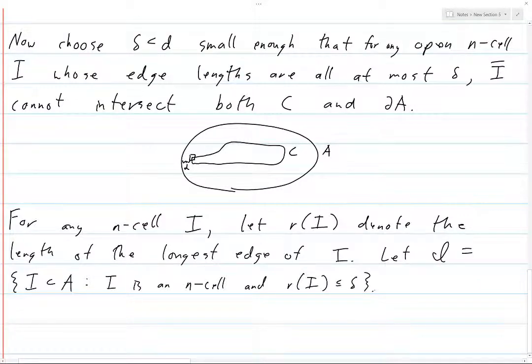So basically we take very small boxes inside A and consider all sufficiently small n-cells that can fit inside the set A.